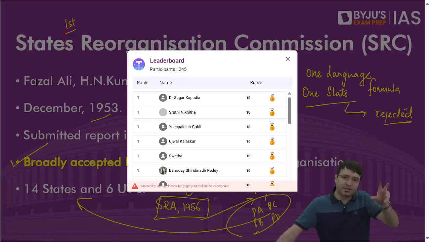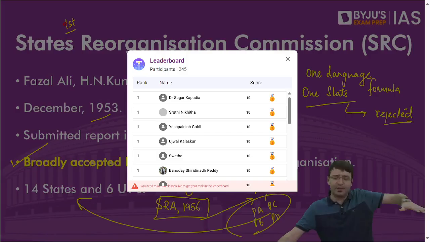That's how the States Reorganization Act was passed in 1956. Part A, B, C, D, which was in existence at that time, was done away with. Now we had 14 states and 6 union territories.